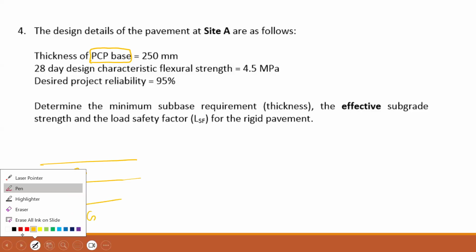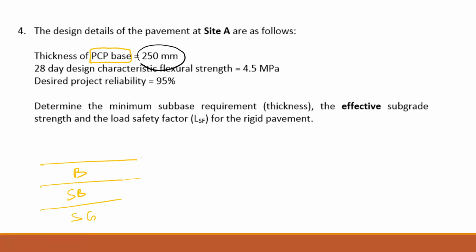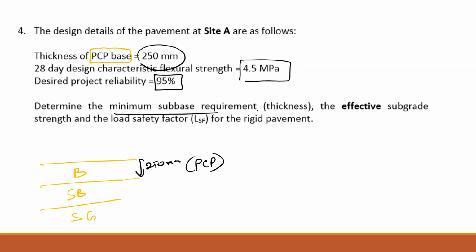So they are saying this base is 250 millimeters thick, and it is plain concrete. They haven't given us the sub-base yet. And they are saying the strength is 4.5 megapascals and the project reliability is 95%. Determine the minimum sub-base requirement.